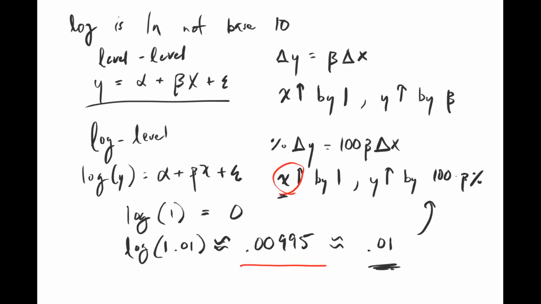But if you are doing really large changes in x, then your approximation for how the percent changes in y are happening is going to be increasingly inaccurate. So that's one thing to keep in mind, but generally that doesn't come up too often, and most people just accept this relationship.